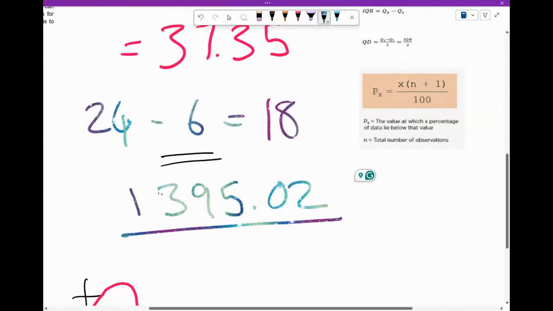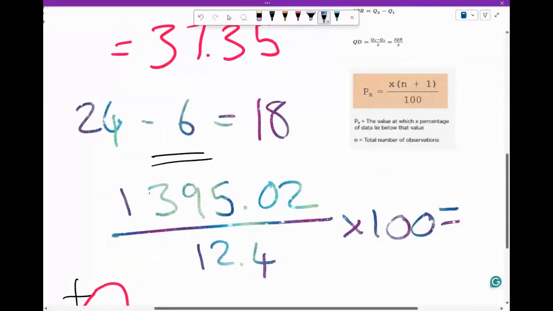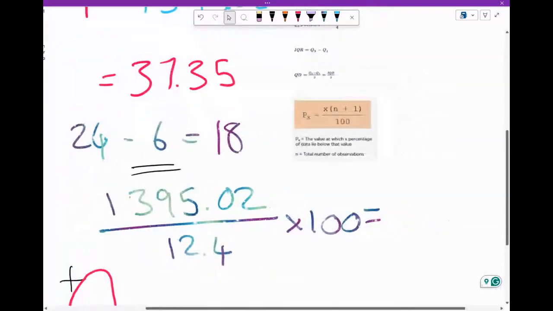Okay, and then dividing it by our mean, we know is 12.4, isn't it? Then times 100. And what do we get?